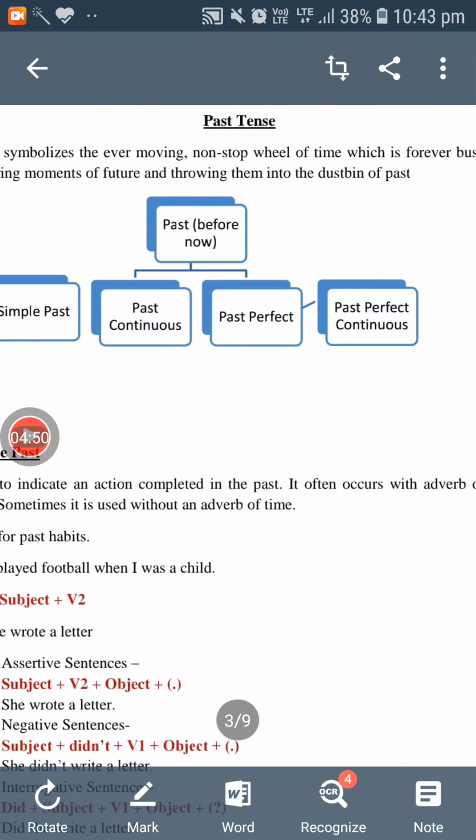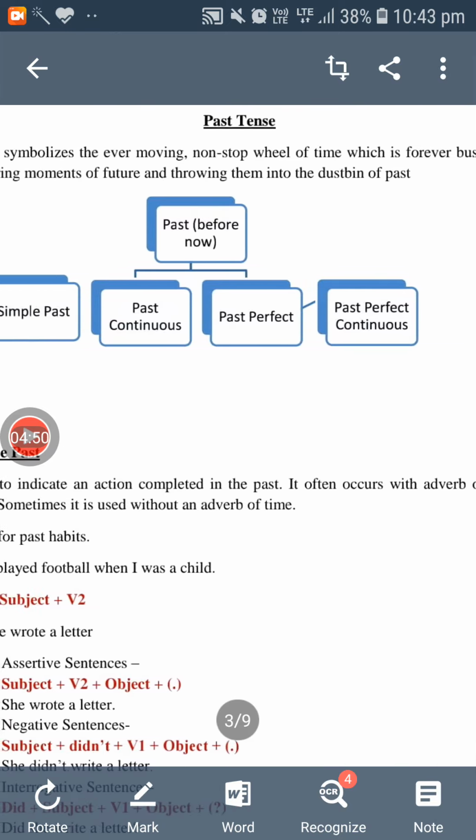Starting with simple past, it is used to indicate an action completed in the past. It often occurs with an adverb of time. Sometimes it is used without an adverb of time also. The subject comes with the V2 form of the verb. Example: I played football when I was a child.